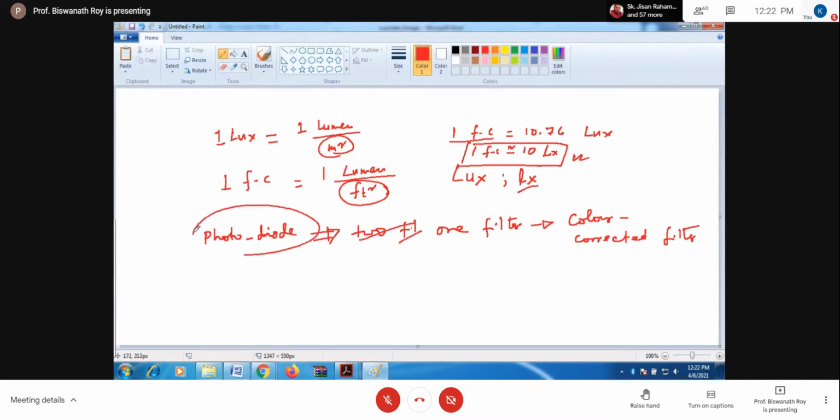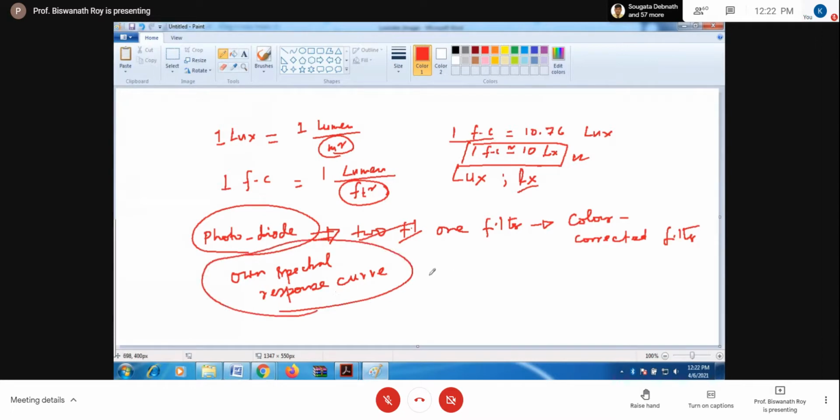Because the photodiode has got its own spectral response curve, to convert this own spectral response curve into V lambda, right? You know V lambda? So one filter is necessary. That filter is the color correction filter.